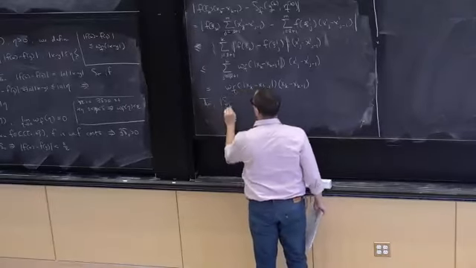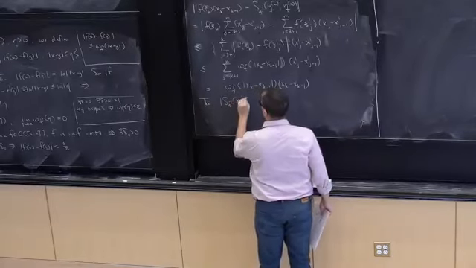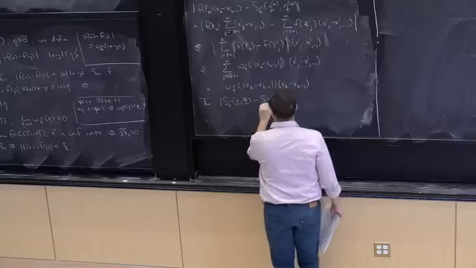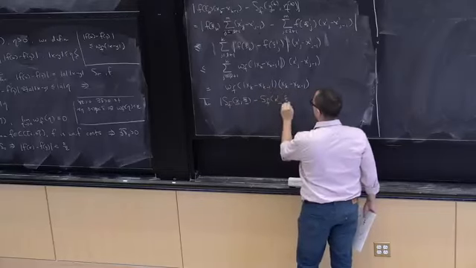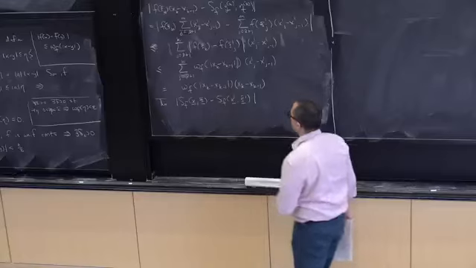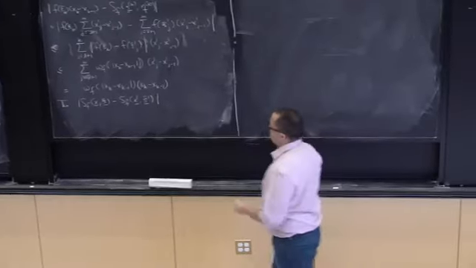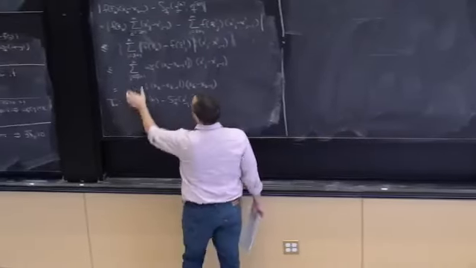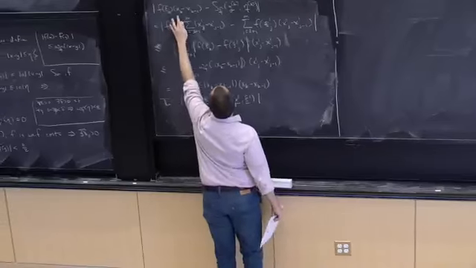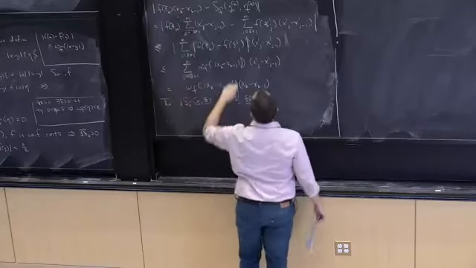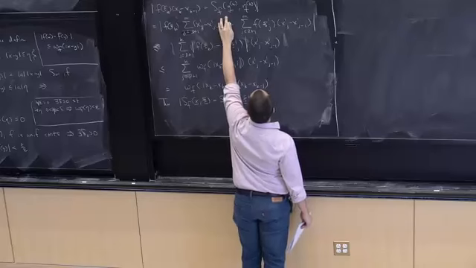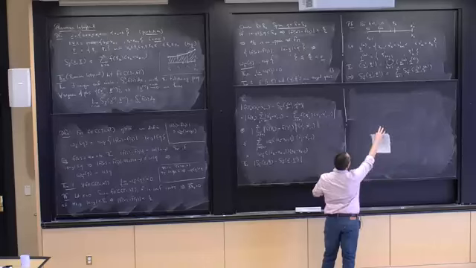Then I look at this, and like I said, this is equal to the sum of terms like this from k equals 1 to n. That's what I wrote up there.